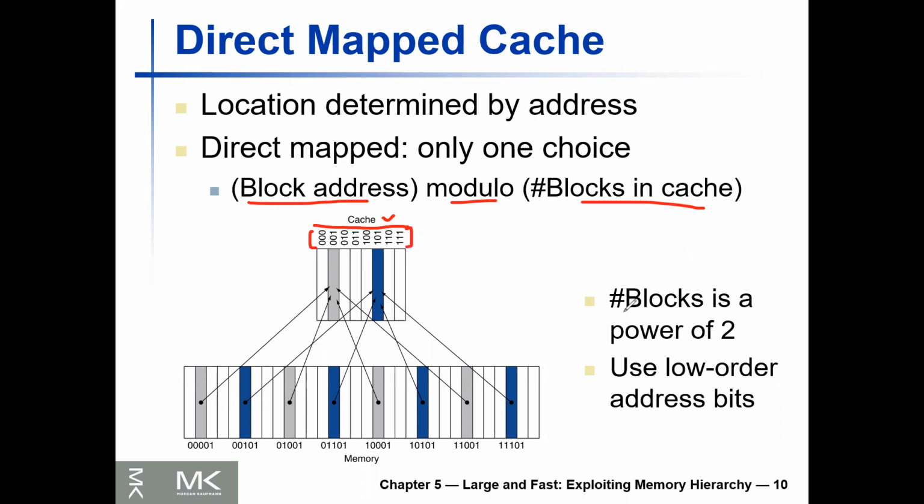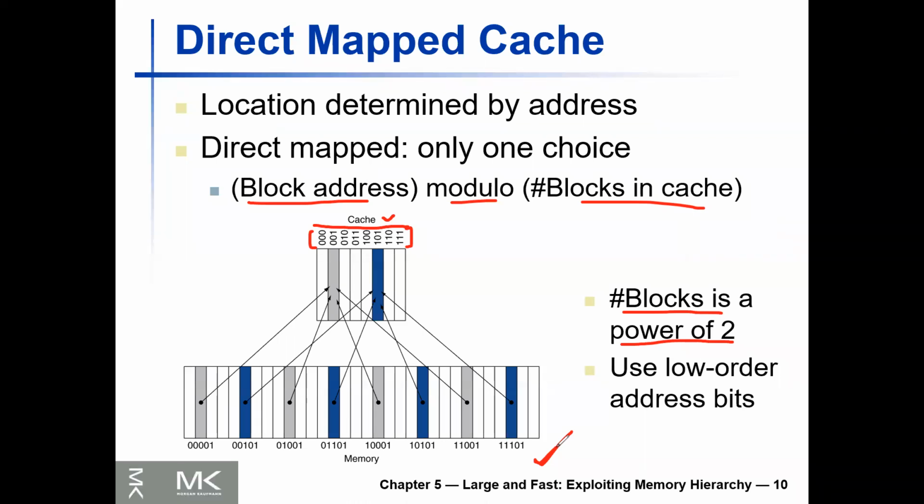By the way, the number of blocks is always a power of 2. We will not have 5 blocks or 6 blocks; it will be 4, 8, 16, 32, and so on. Here we have 32. In order to write all 32 block numbers, how many bits do we need?